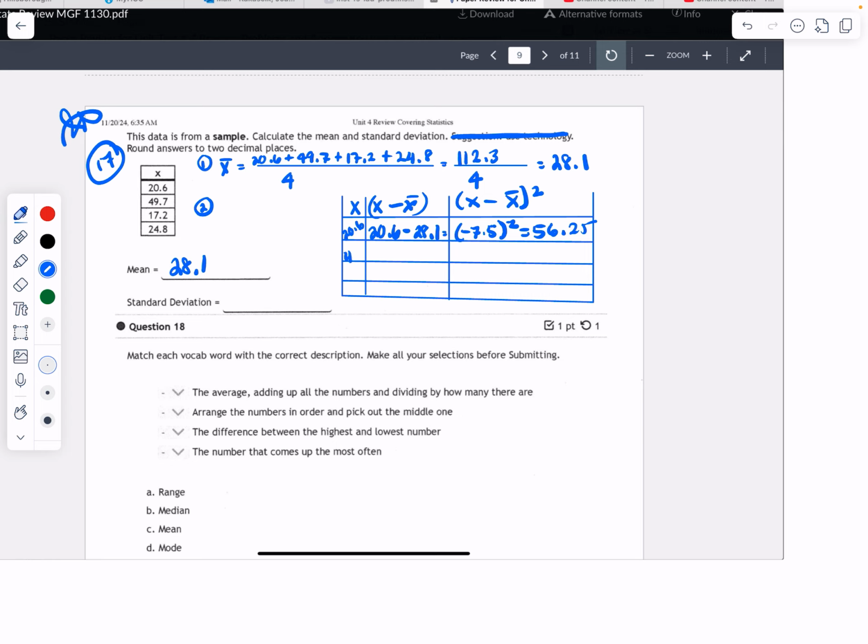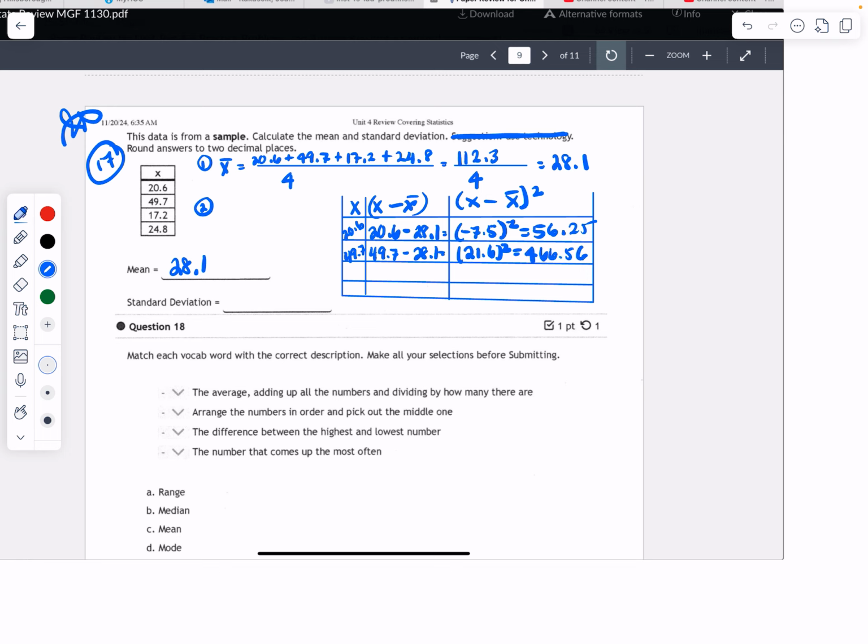Next one is 49.7. So 49.7 minus 28.1 equals 21.6. I'm going to square that.